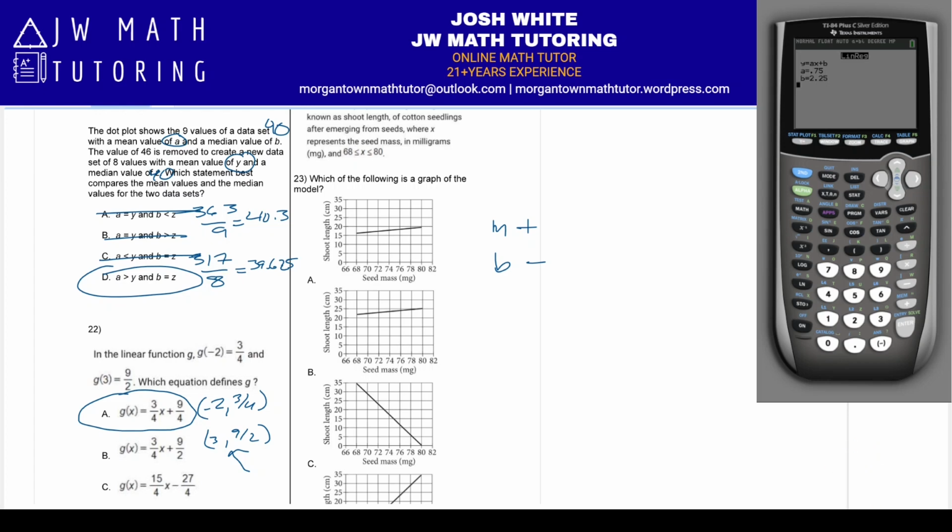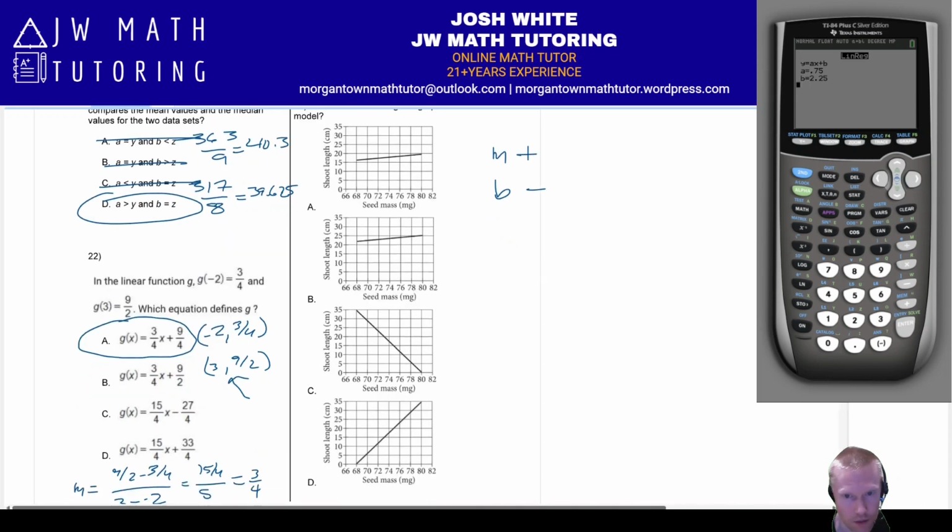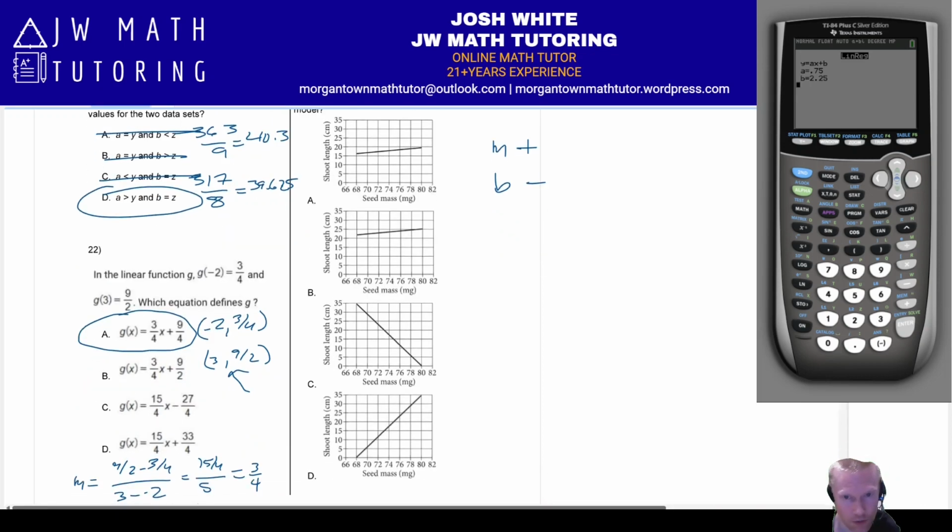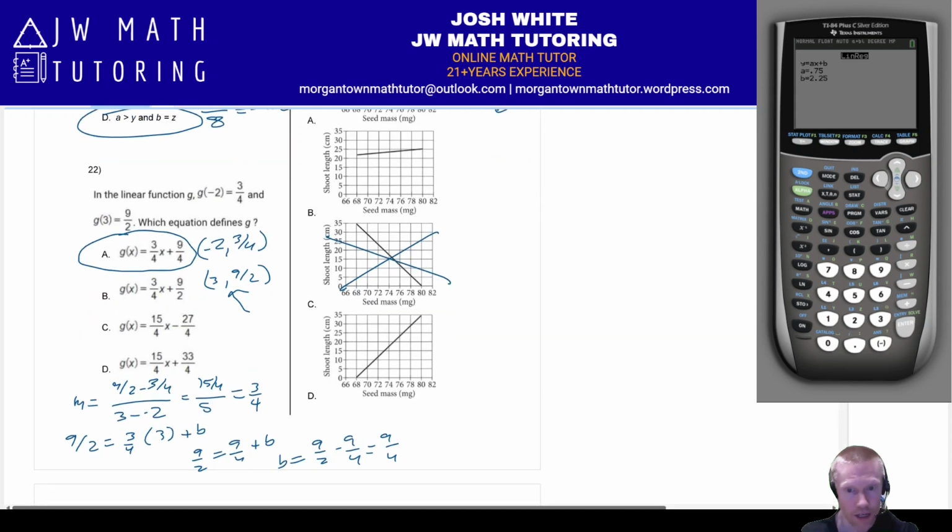We can look at the slope value further when we move on. Looking at B right below it, same thing. The slope is kind of flat, but impossible to say about the y-intercept value. C has a negative slope, so get rid of that right away. And now we're down here to D. And D, we have a positive slope.